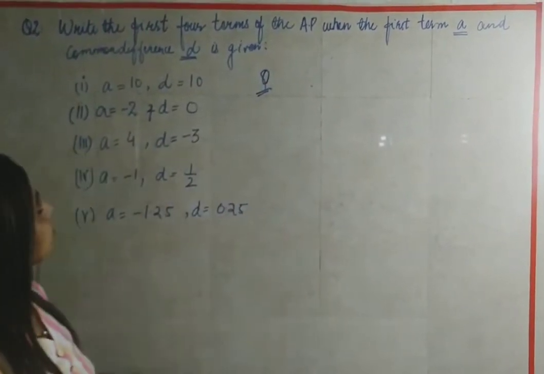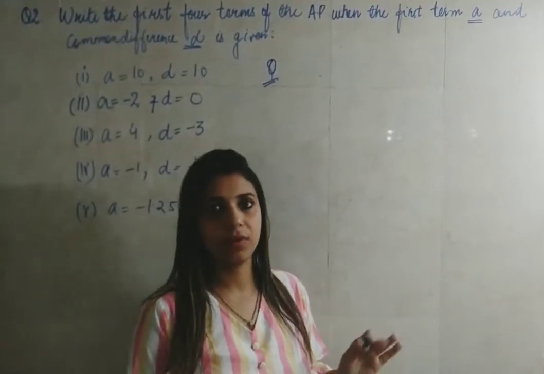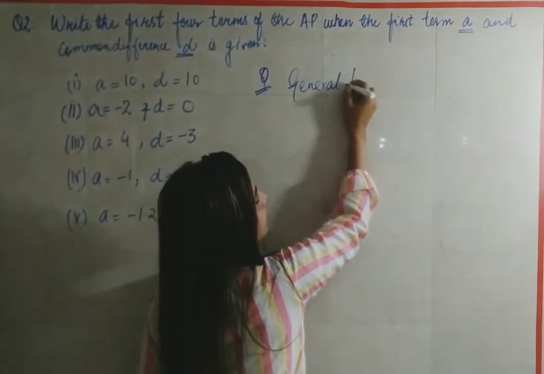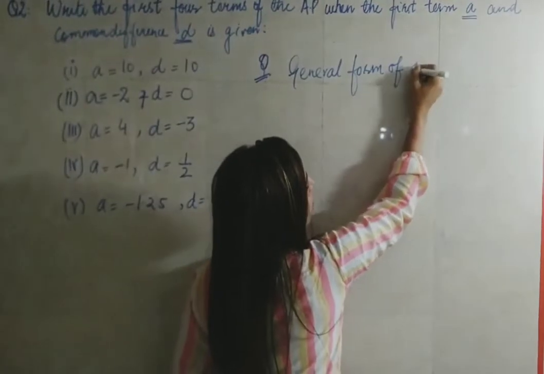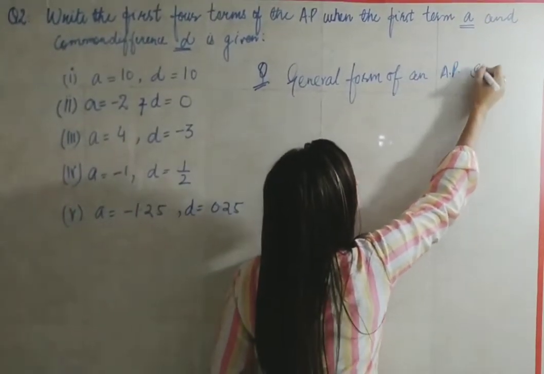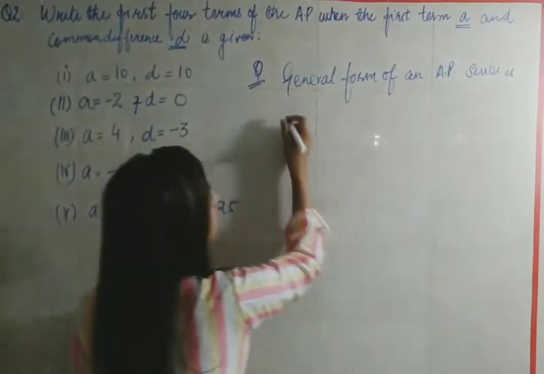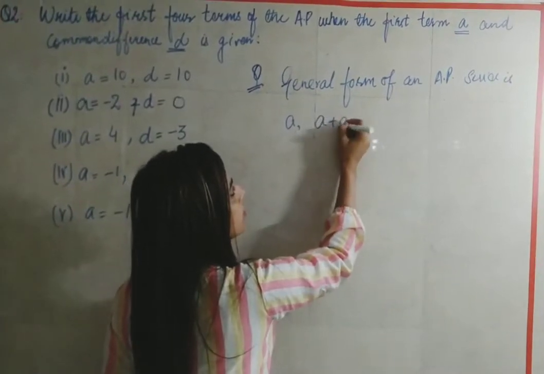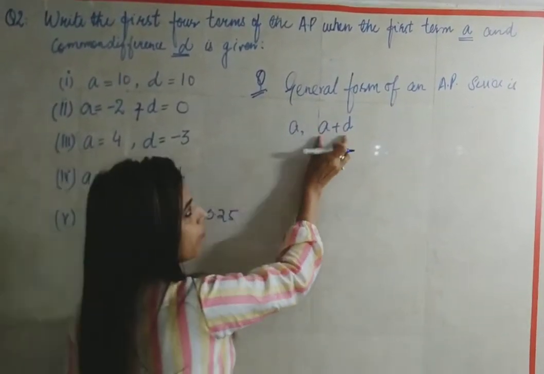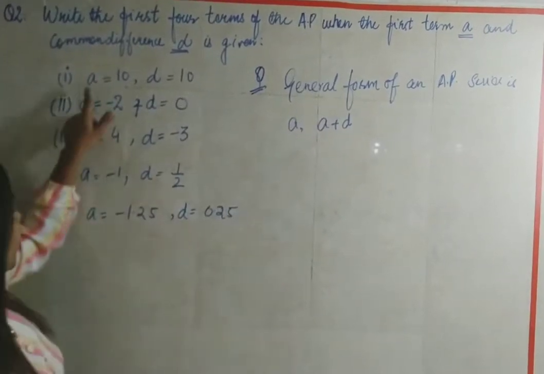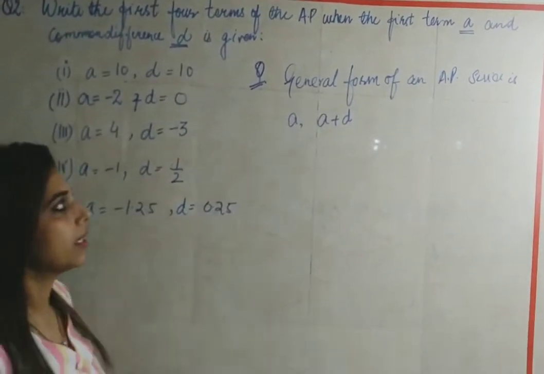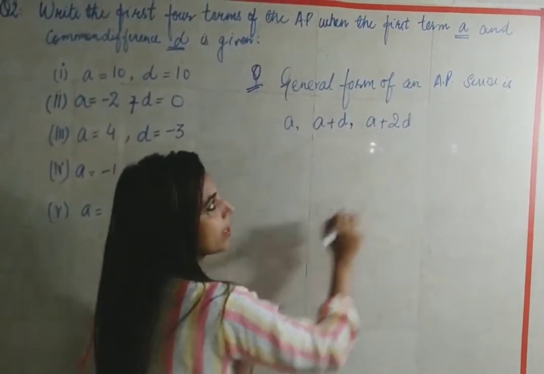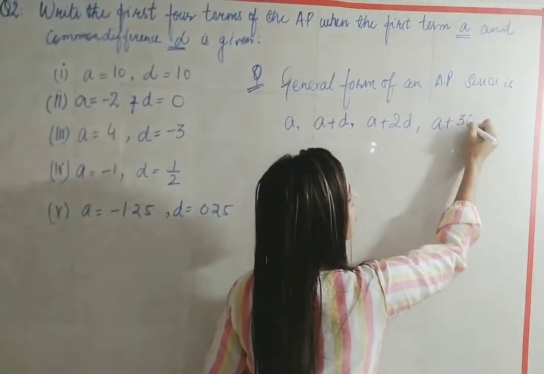As I discussed with you in the introduction part of the video, the general form of an AP series is A, that is the very first term, then A plus D. If you have to find the second term and you are given A and D, then the second term will be A plus D. The third term will be A plus 2D, and the fourth term will be A plus 3D.